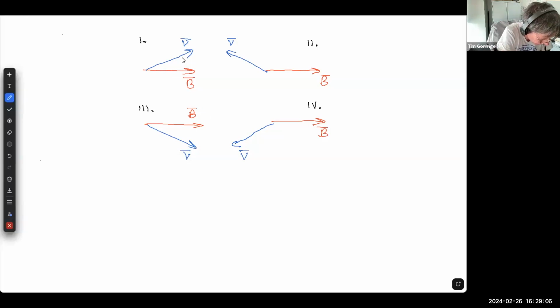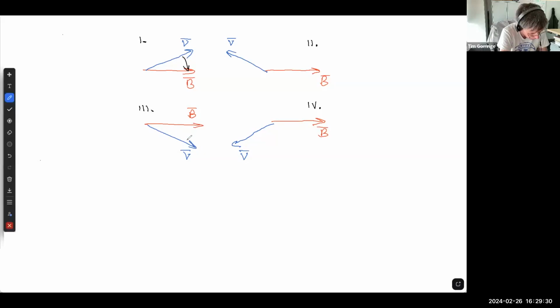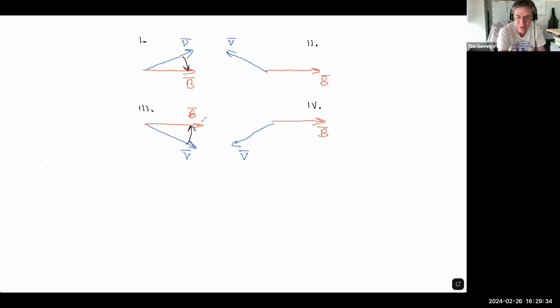So in case number one, I would be curling my fingers from the direction of the velocity vector around to the magnetic field vector. So I'll be curling my fingers in the direction of this arrow here. In case number three, let's do the case below it. I point the palm of my hand in the direction of the velocity vector in blue here, and I would curl my fingers around towards the magnetic field vector here.